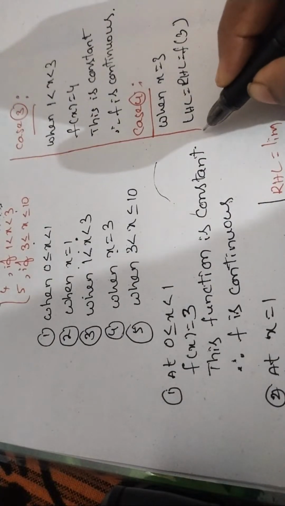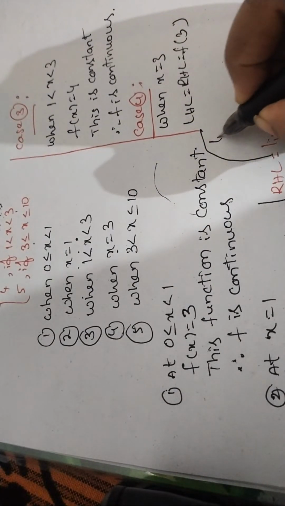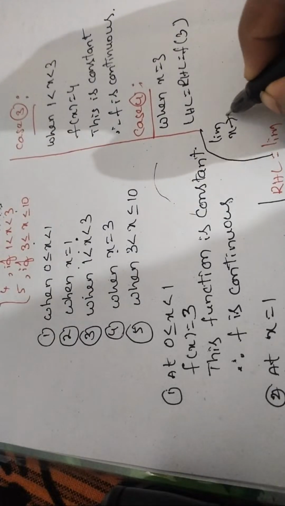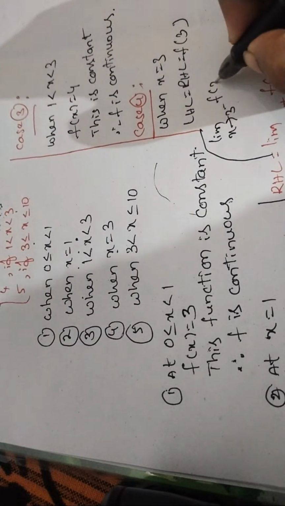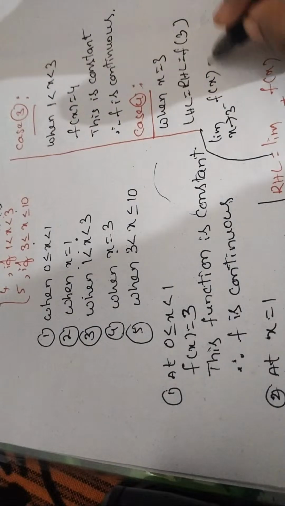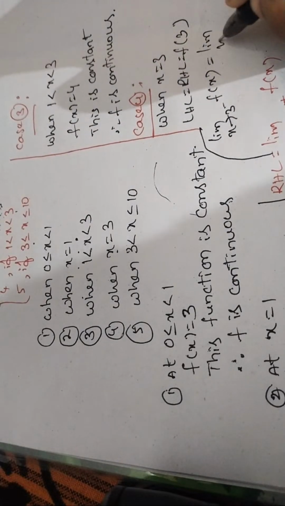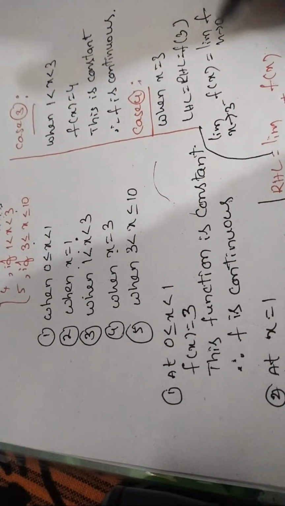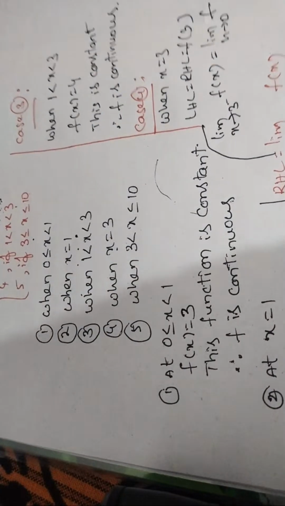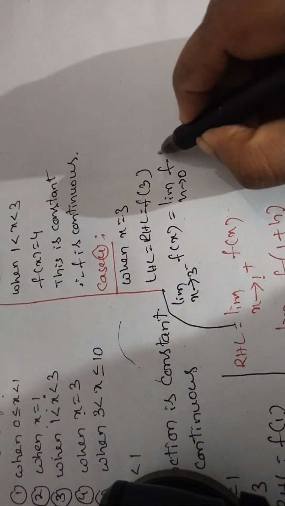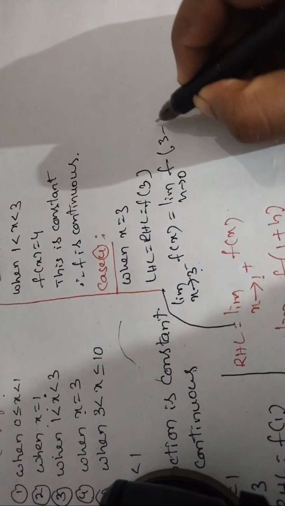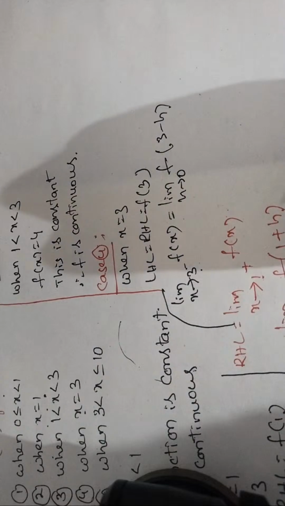LHL of 3 is limit x tends to 3 minus f of x, that is equal to limit h tends to 0 of f of 3 minus h. So x is replaced by 3 minus h.